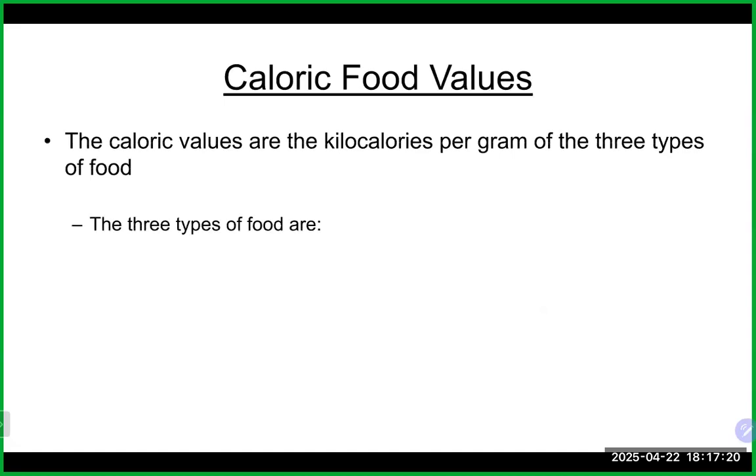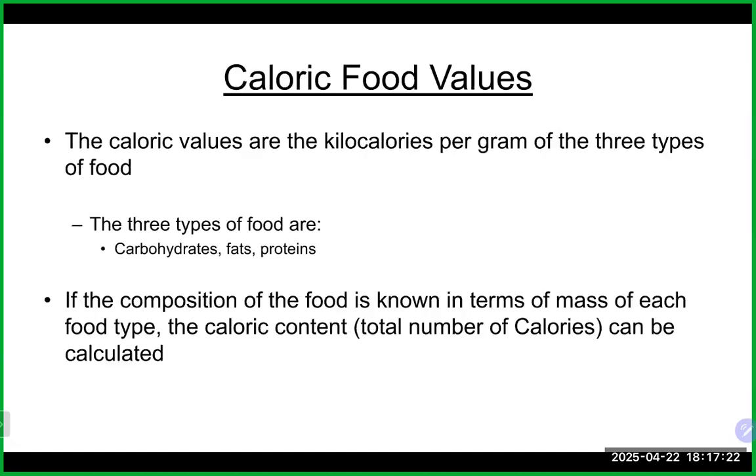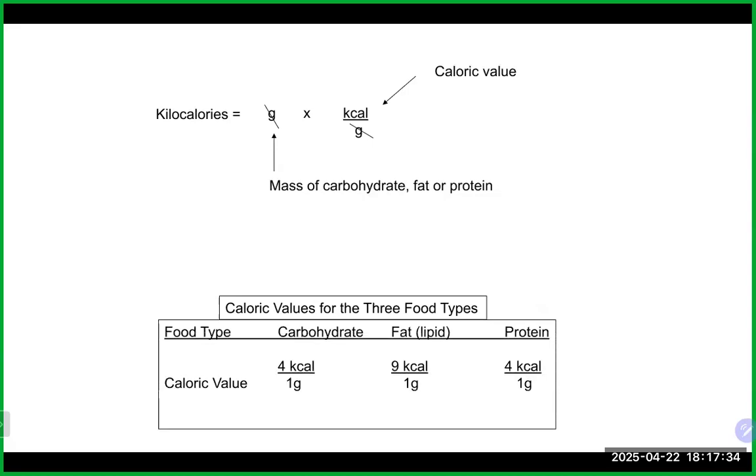Now, when we talk about food, food has three sort of caloric food types: carbohydrates, fats, and proteins. And each of those has what is referred to as a caloric value. So basically, carbs are 4 kilocalories per gram, and that's basically 4 nutritional calories.